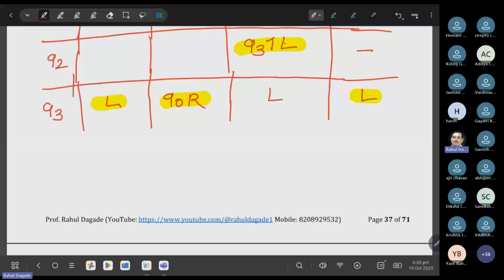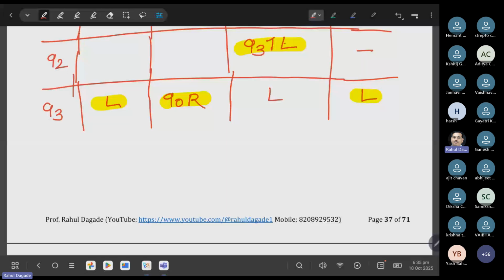Now the pointer comes here. Again in Q3 state: blank star 1 comma 1 1 1 blank 1 blank, and the pointer comes at comma. For comma also it goes to the left.